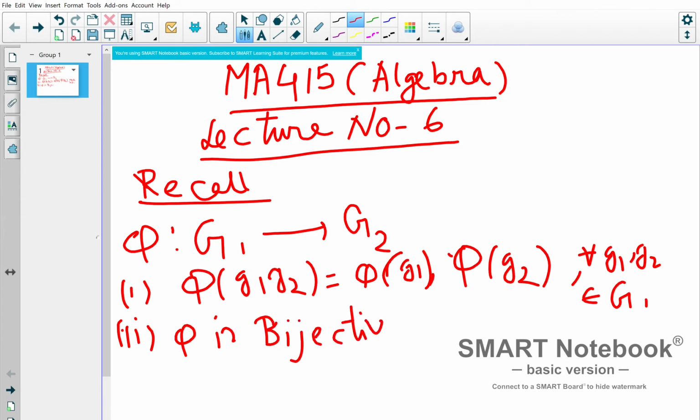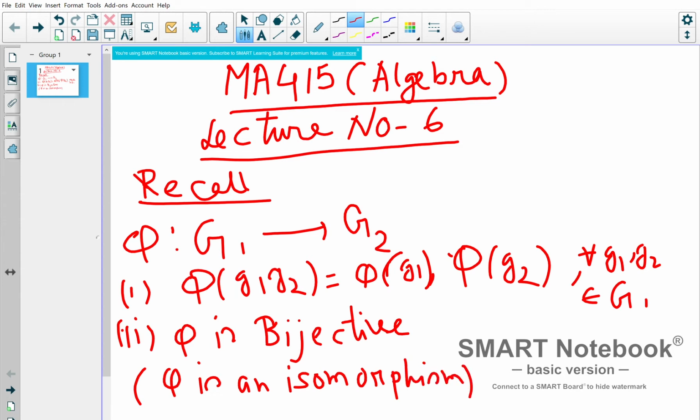Okay, so these two properties of an isomorphism, and then we call that phi is an isomorphism. Okay.